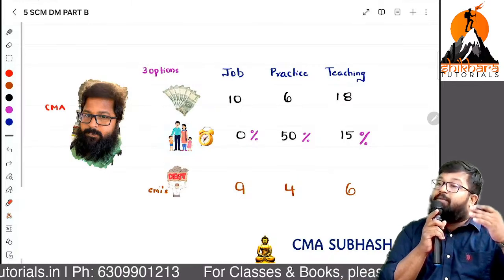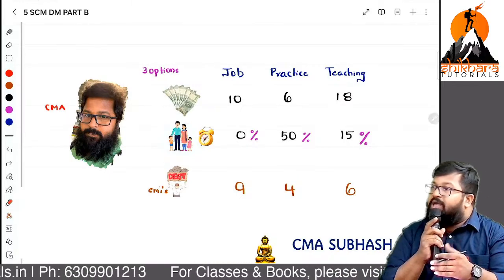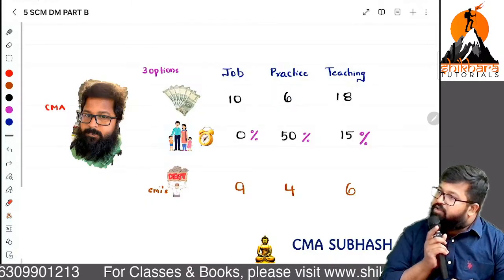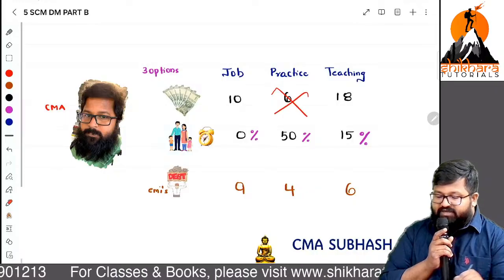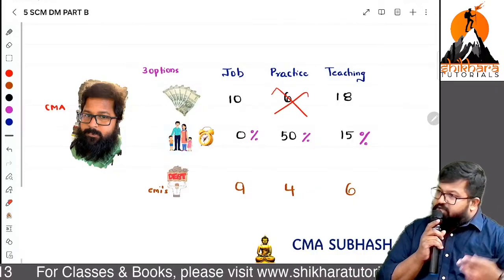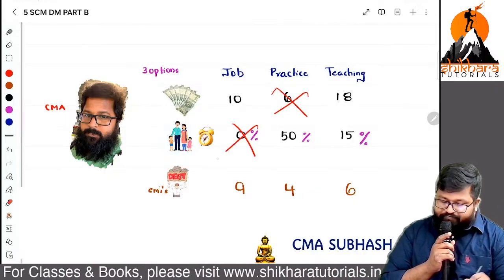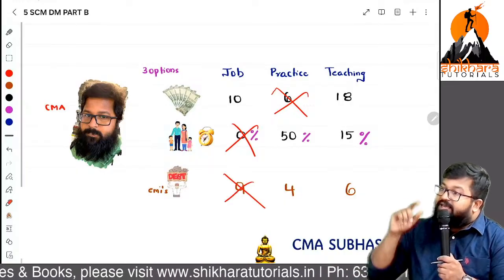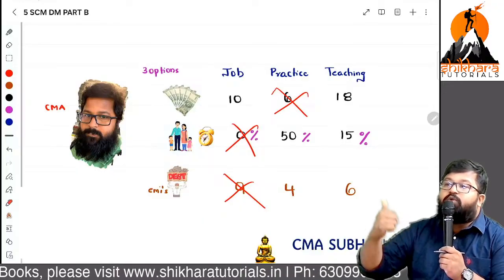Practice. So you are comparing every other alternative and trying to eliminate. In the case of the first option, which option is eliminated, ma'am? Practice. If you go with the second scenario, which is eliminated, ma'am? Job. And in the case of EMIs, job, more. In the same way we are going with the rule of dominance.